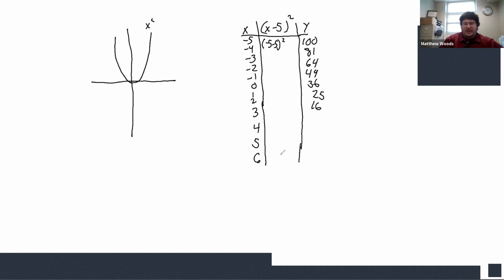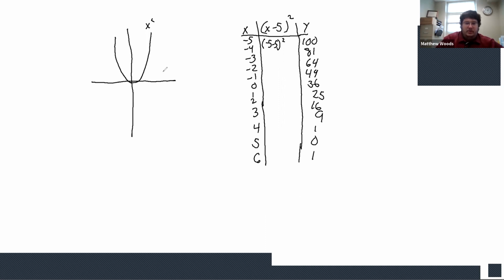I know, again, I'm sorry, I'm a really terrible drawer, and it's really tough to make a table freehand on Zoom. 2 minus 5 is negative 3, squared is 9. 4 minus 5, that's negative 1, squared is 1. 5 minus 5, that's 0. And then 6 minus 5 is 1. So you can see it's starting to come back up.